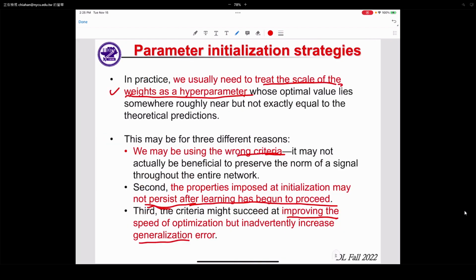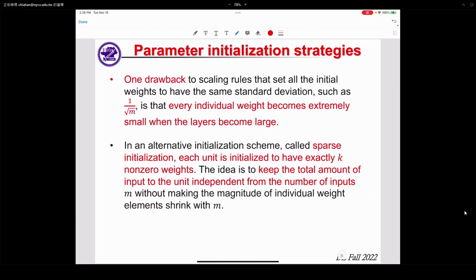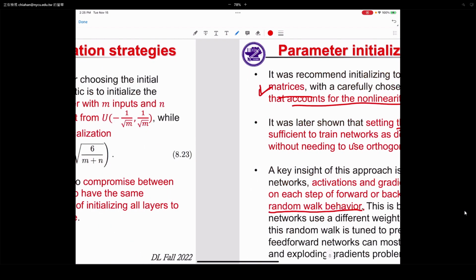So you can try it as a hyperparameter, or use the one I will mention, 1 divided by the square root of m. But this method has its own drawback. What's the drawback here? When m is large, and what is m here?